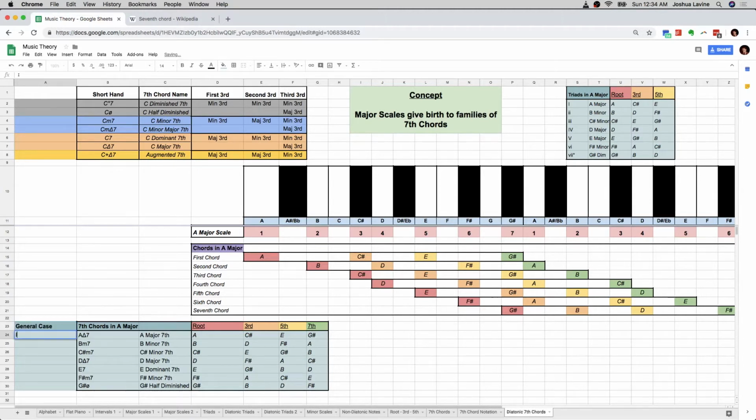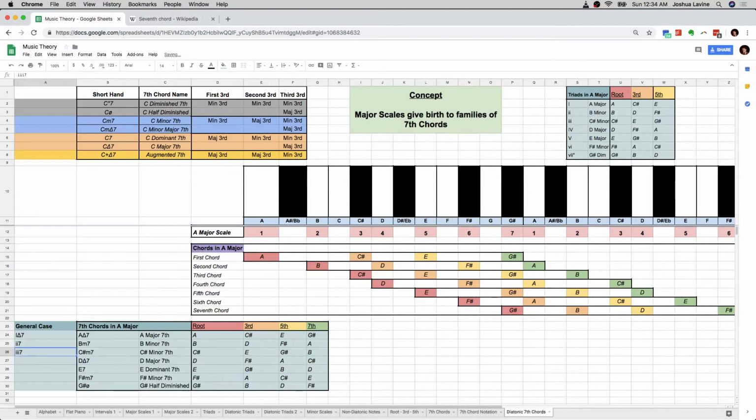We have the 1 major 7, 2 minor 7. We're going to have a 3 minor 7.